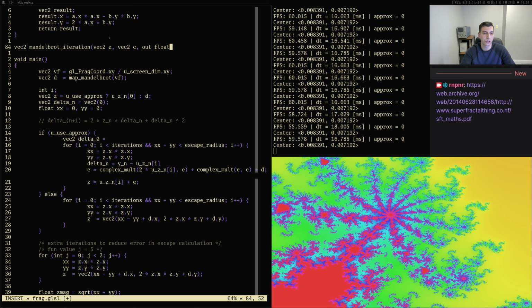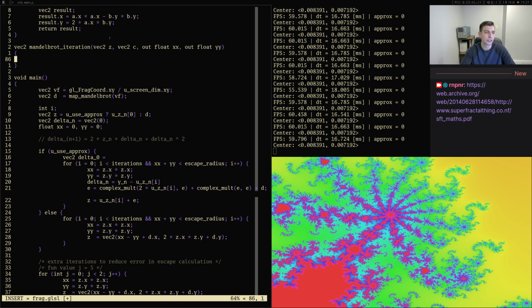It's going to have an out float xx, and it could just be out vec2, but probably more readable: out float xx, out float yy. So first of all, for delta zero, I don't know, then again it doesn't really matter. Yeah, we can still just use those.